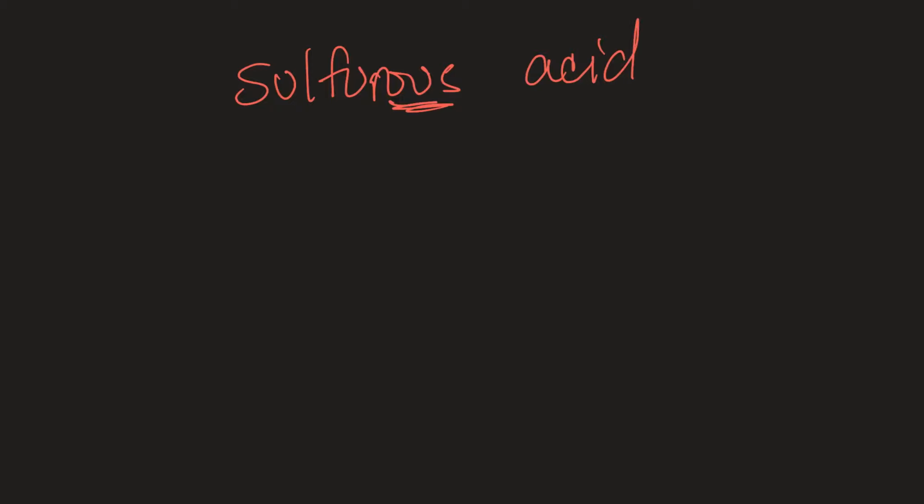Let's look at another example. Let's say we have sulfurous acid. Ate, ic, ite, ous. So this is ous. It came from ite, so we know it comes from sulfite. What's the chemical formula for sulfite?